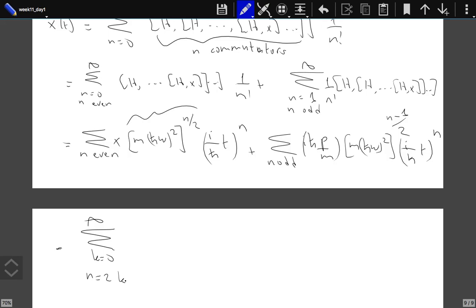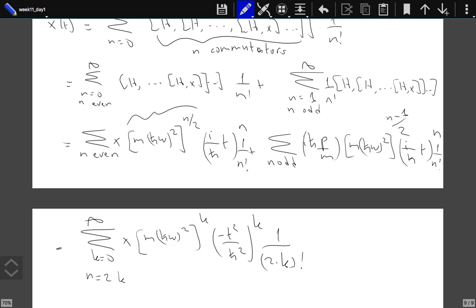So that's why I'm changing its name. So this is x times m times h bar omega squared to the power k, times i over h bar t squared. So let me write minus t squared over h bar squared to the power k. And then I have 1 over n factorial, 1 over 2k factorial. That's my first sum.